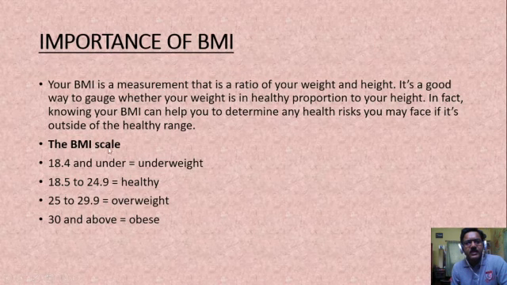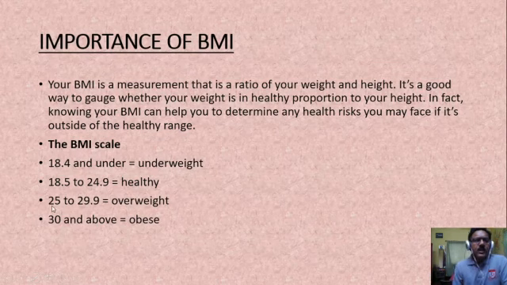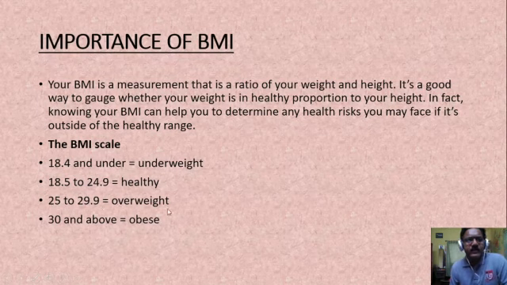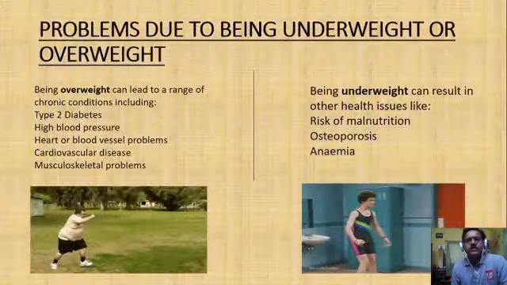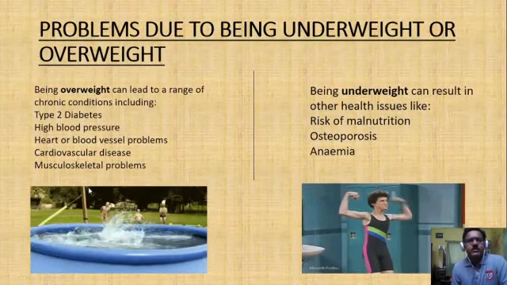On the BMI scale, 18.4 and under is known as underweight. 18.5 to 24.9 is denoted as healthy, and 25 to 29.9 is accepted as overweight. Finally, 30 and above is obesity, and it's the final group, which is a very dangerous zone. So keep an eye on your BMI.